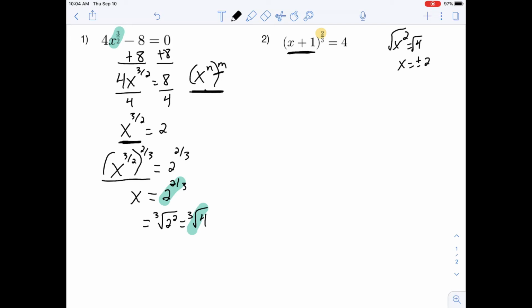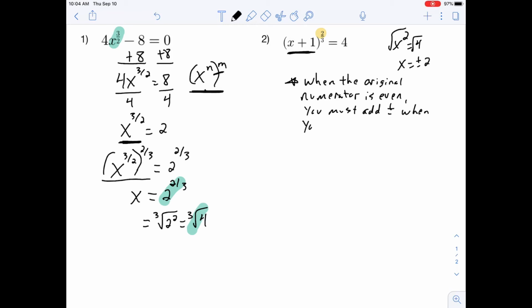So I could do a little note here and basically say, when the original numerator is even, you must add plus or minus when you raise both sides of the equation to the reciprocal power.